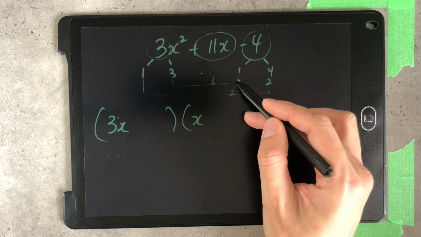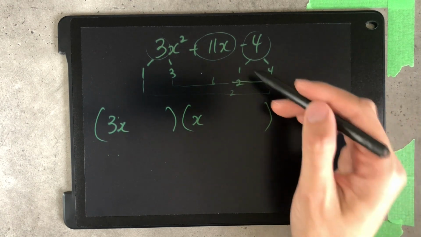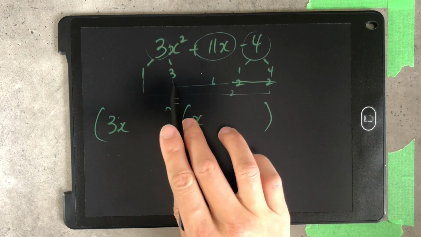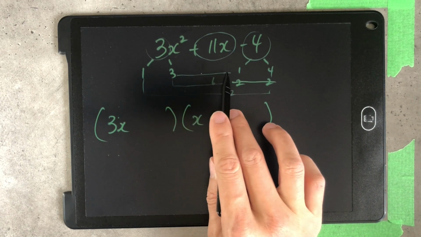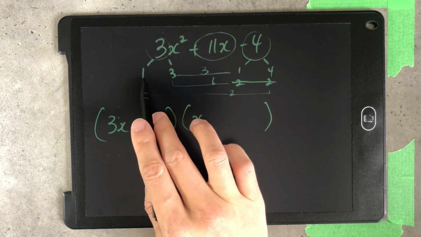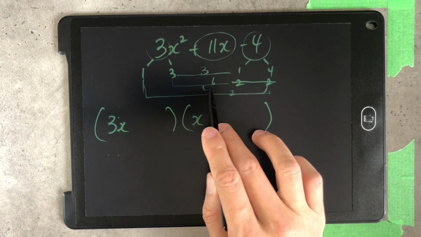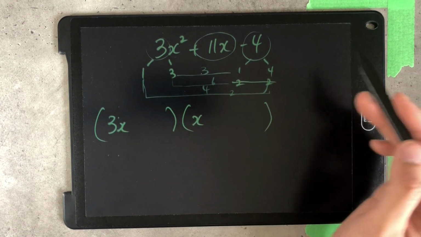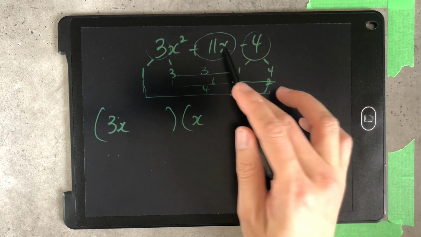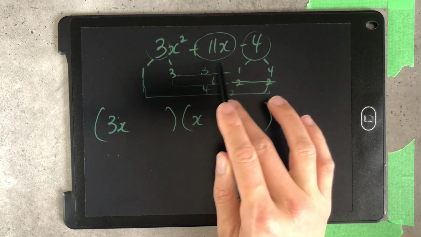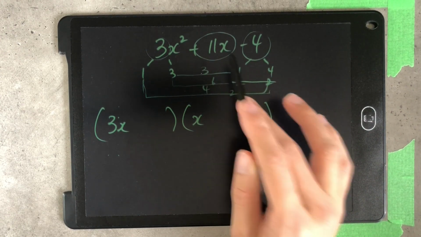So that means 2 and 2 will not work. So it has to be 1 and 4. If I did 1 and 3, I get a product of 3. 1 and 4, I get a product of 4. Again, 3 and 4, there's no way I can get the sum or difference to be 11.